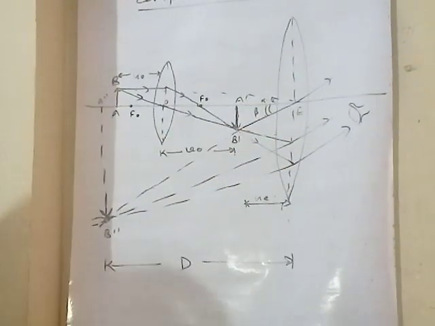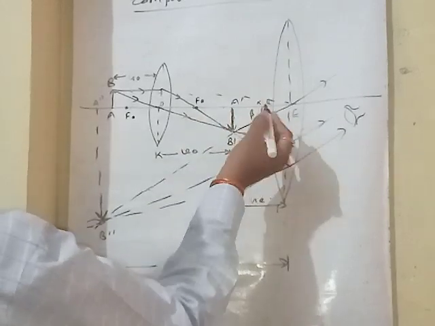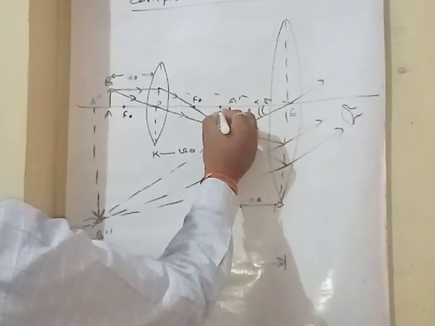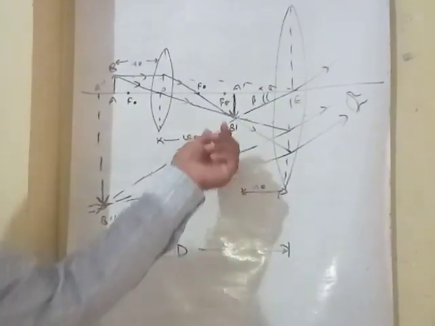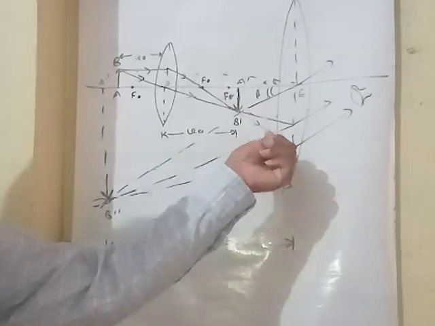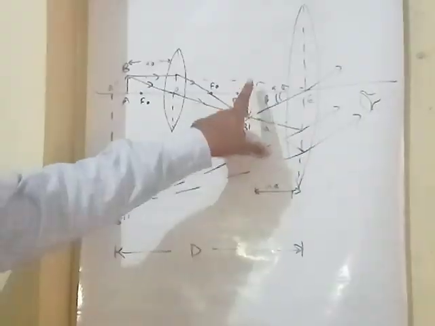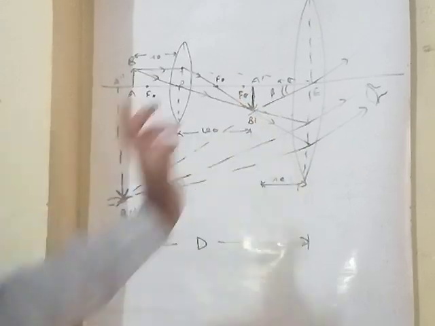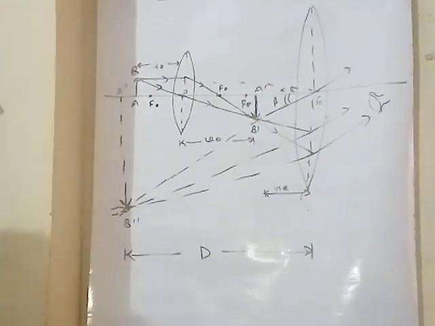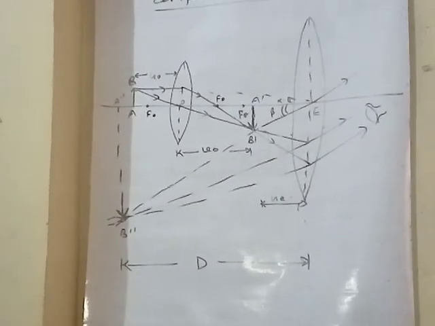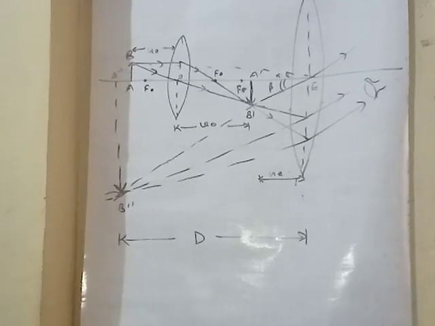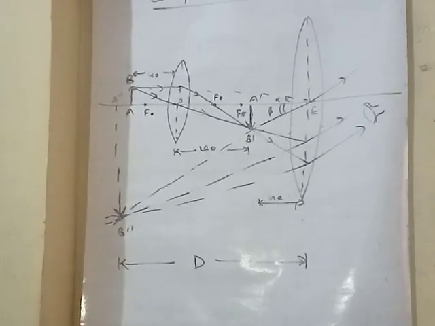This is the case where the object lies inside the focus of the convex lens, that is, A dash B dash lies inside the focus of the eye lens, and the convex lens forms a virtual, erect and highly magnified image as shown.